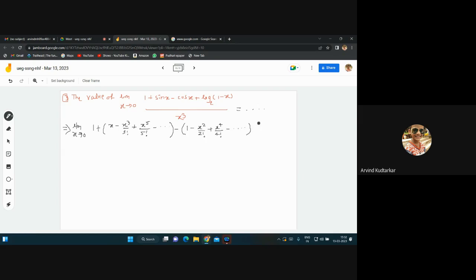And plus you know log of 1 minus x, what is that expansion of log of 1 minus x? All terms will be negative, so negative sign will be outside for their function.